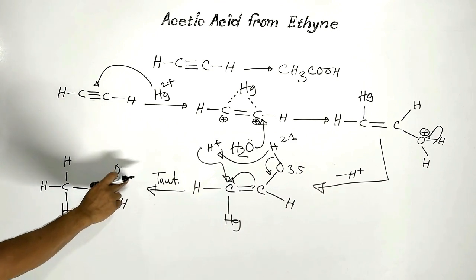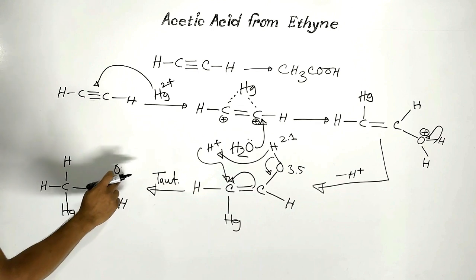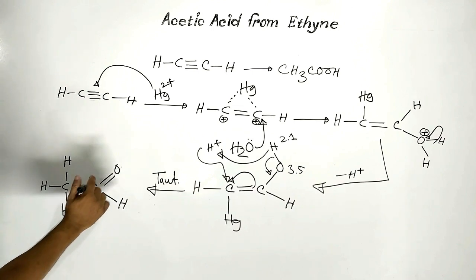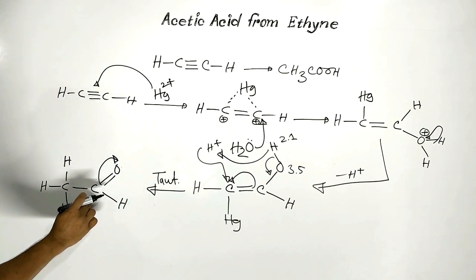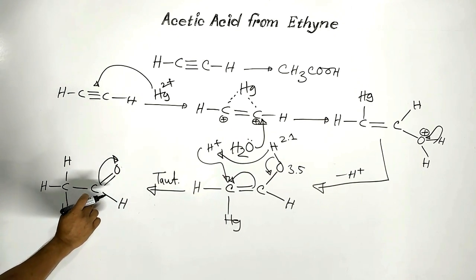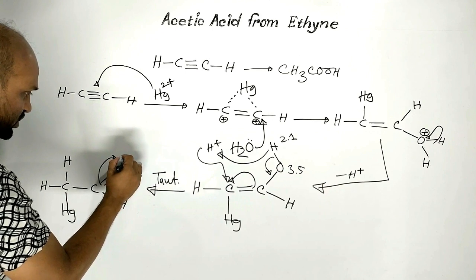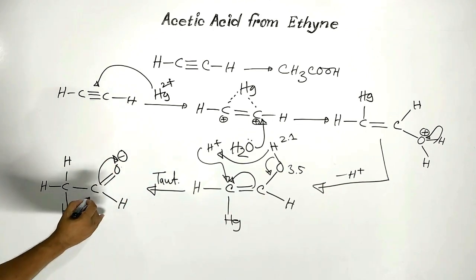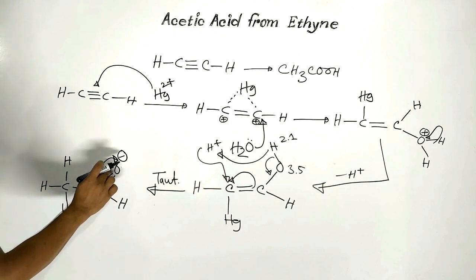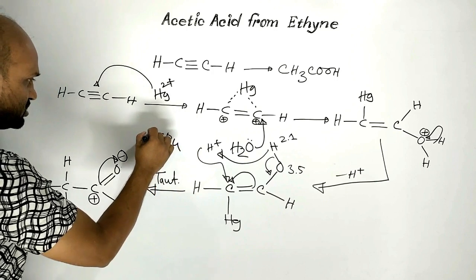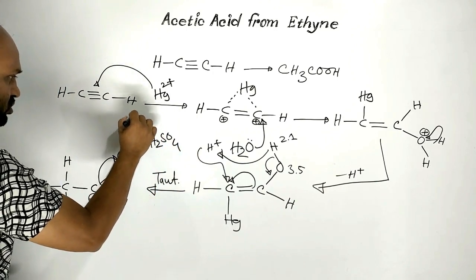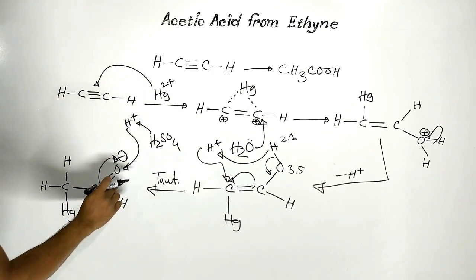What change occurs in this entity? That is, here carbon oxygen double bond changes to this carbon oxygen single bond. It becomes negatively charged, carbon becomes positively charged. With this oxygen, sulfuric acid acts as proton supplier.